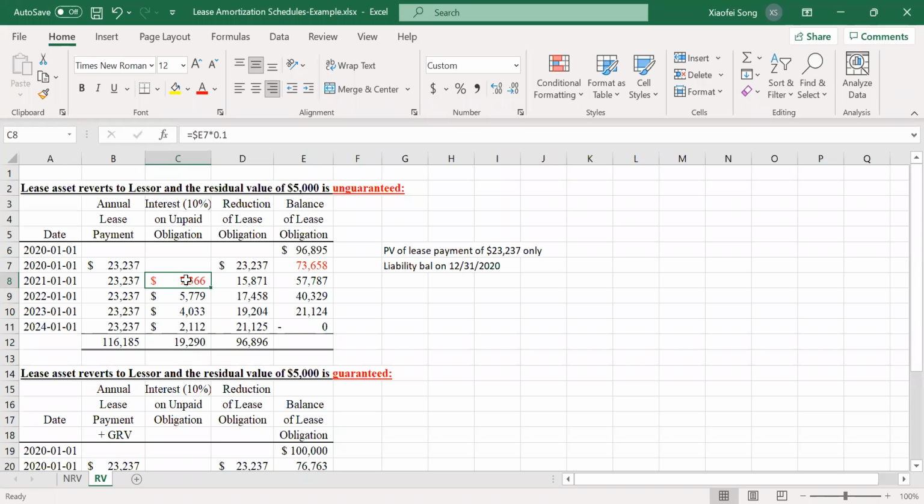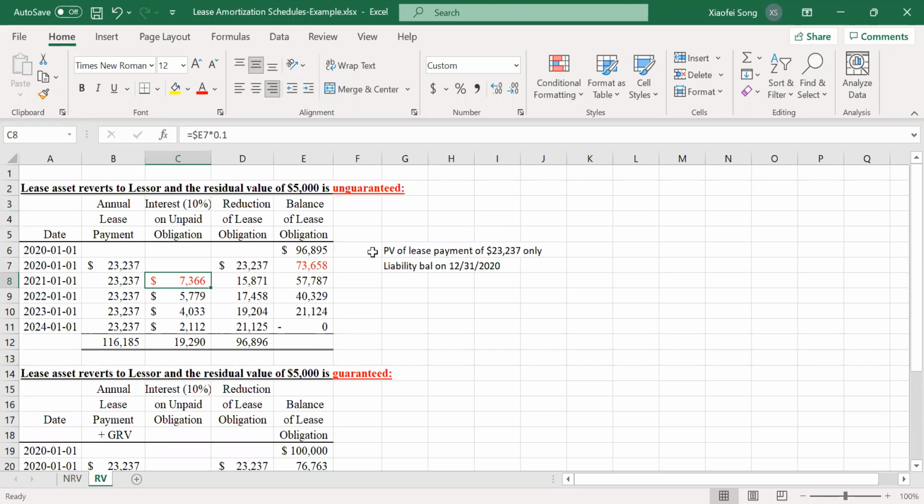This is interest expense for 2020, but is shown here as part of the payment of 2021. And the liability balance on December 31st of 2020, that's what we need to show on the balance sheet.